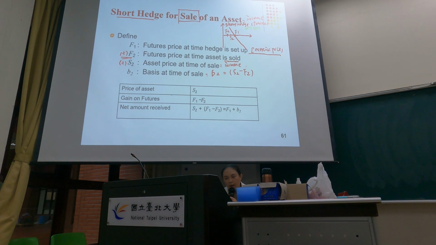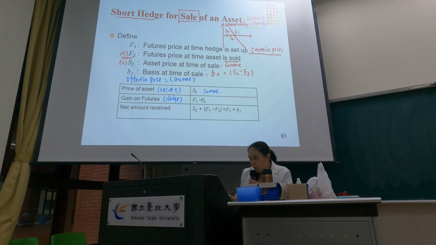Okay, now take a look at our table here. Price of an asset is S2. Remember, that's the selling price. So that's the income. Okay, this is the effective price for short hedge. But that's your income, okay? Instead of cost, it becomes an income. You will gain on the futures, that's your hedging position.